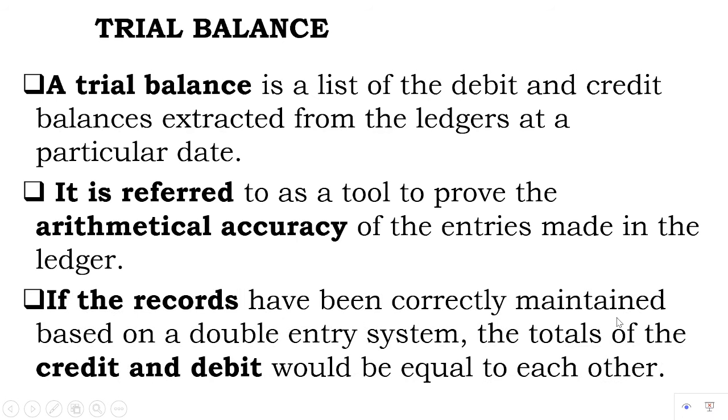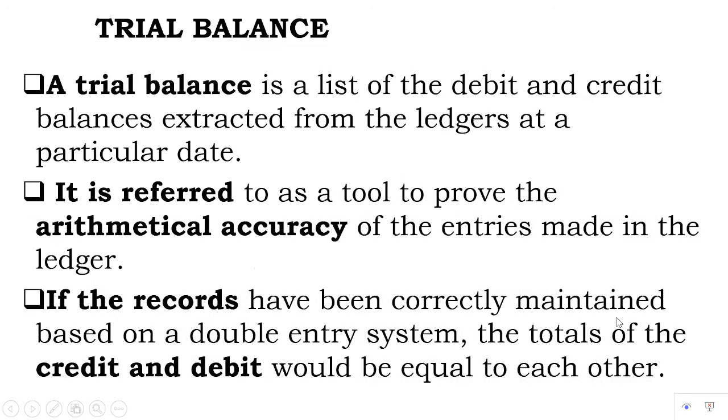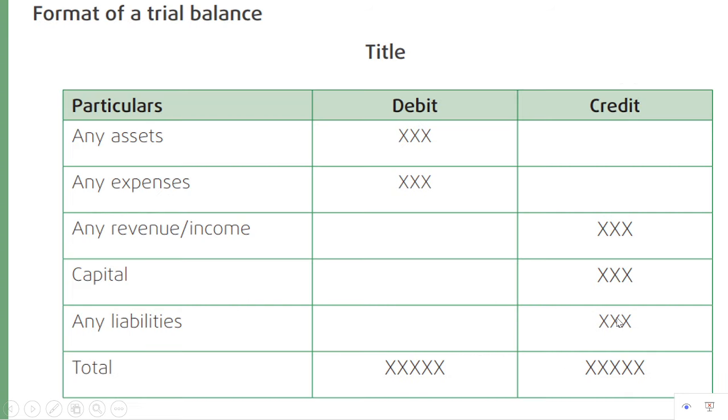The trial balance is basically a list of debit and credit balances extracted from the ledgers at a particular date. It is also a tool that is used to prove arithmetical accuracy of the entries made in the ledger. And if the records have been correctly maintained based on the double entry system, the totals of the credit and debit would be equal.